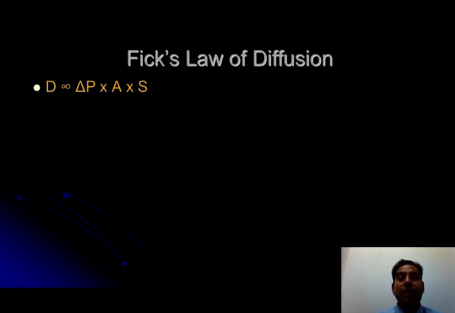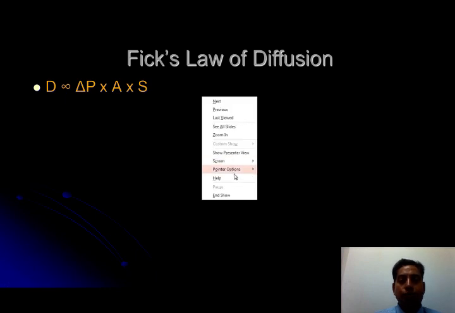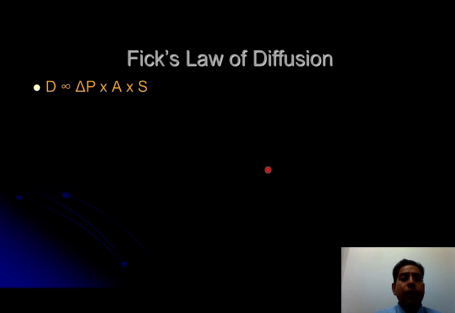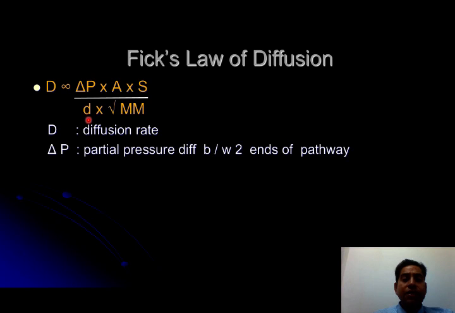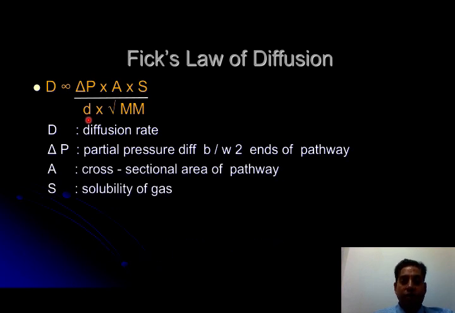So if you look at the Fick's law of diffusion, it states that diffusion is directly proportional to the difference in the pressures of the gas on the two sides of the membrane, the area of diffusion, and the solubility coefficient. So the solubility coefficient, and it is inversely dependent on the diffusion distance and the molecular weight of a given substance.